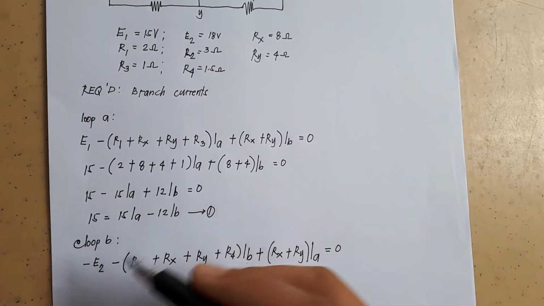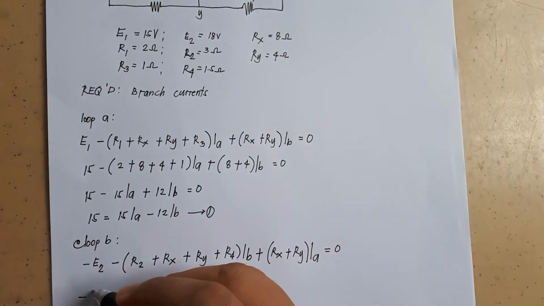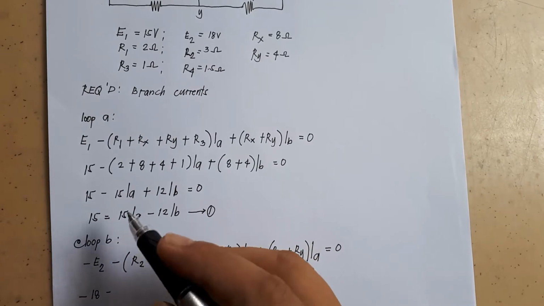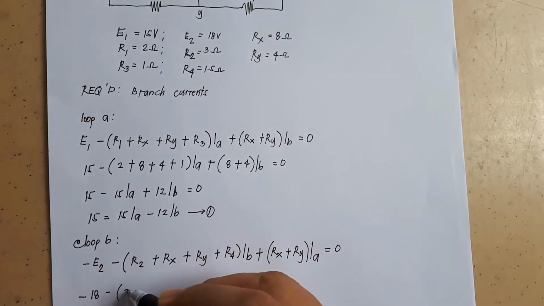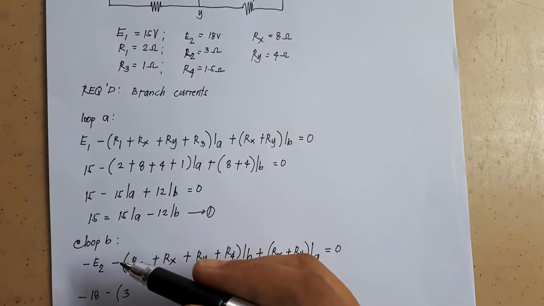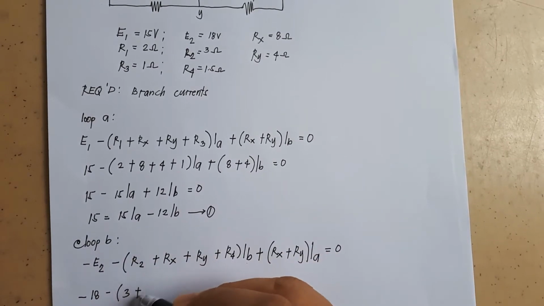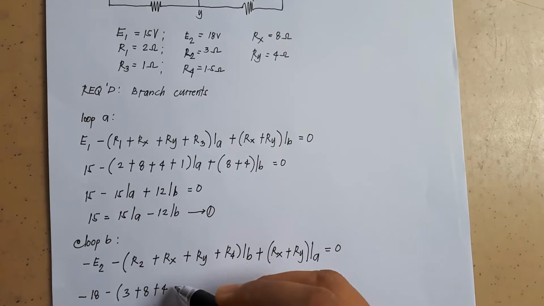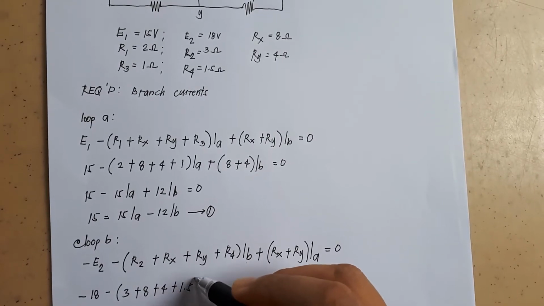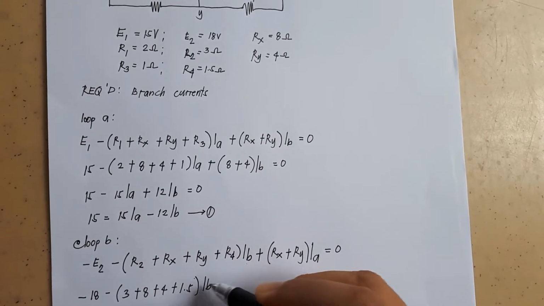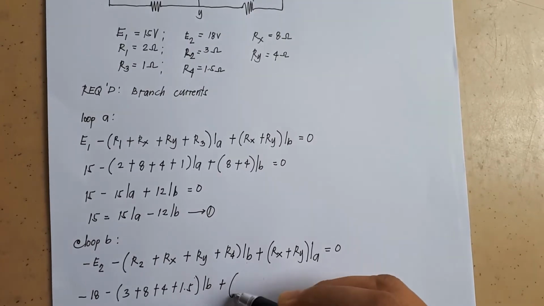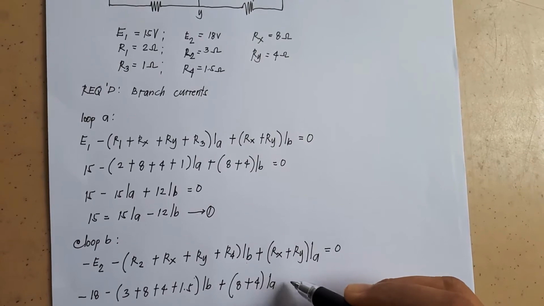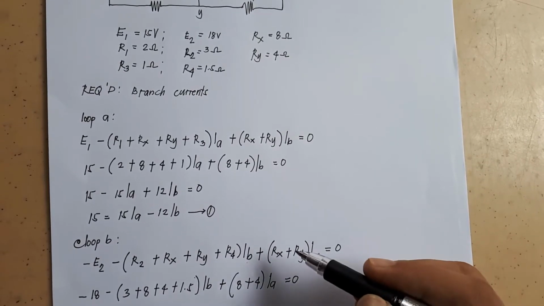Just simplify this one. We have negative 18 minus, what are the resistances? We have 3, 8, 4, 1.5, and then IB, then we have plus 8 plus 4 IA equal to 0.